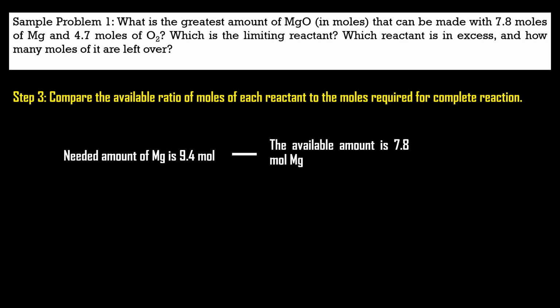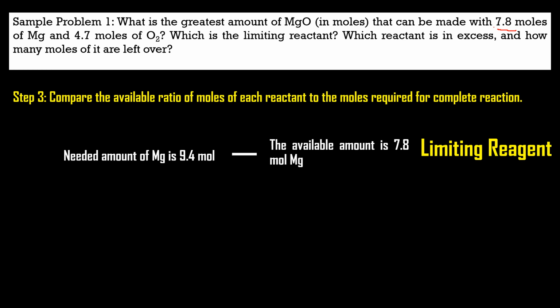But take note, our available amount of magnesium is only 7.8 moles based from the given problem. And since the amount is not enough to consume all the oxygen gas because it is less than the required mole, therefore, magnesium will be our limiting reagent or reactant.